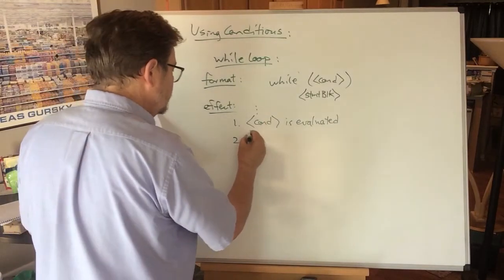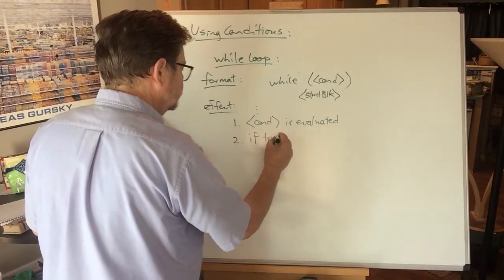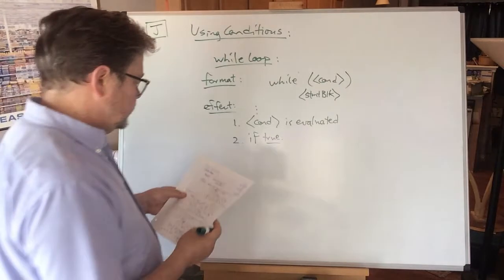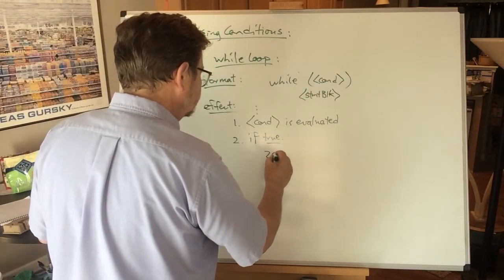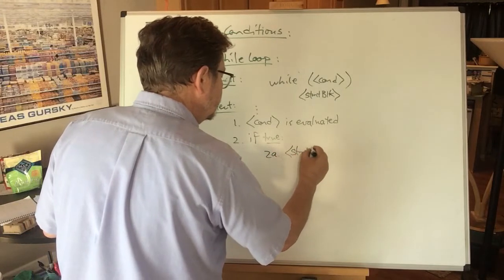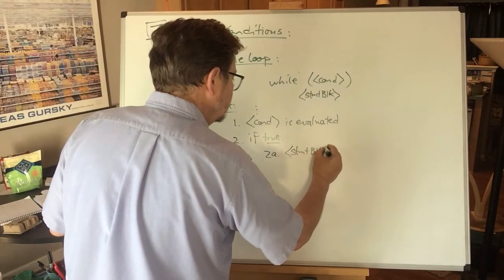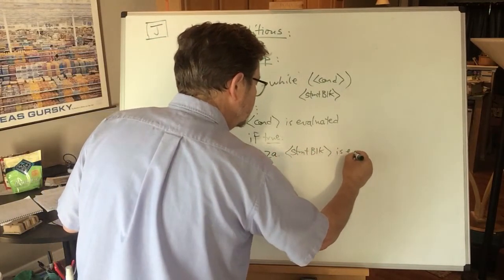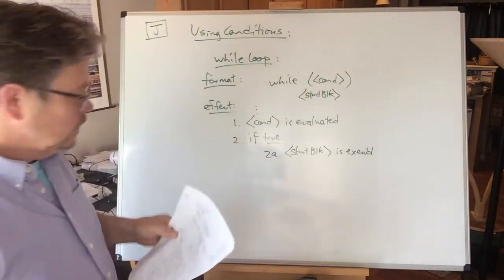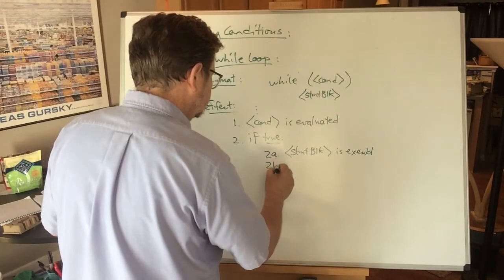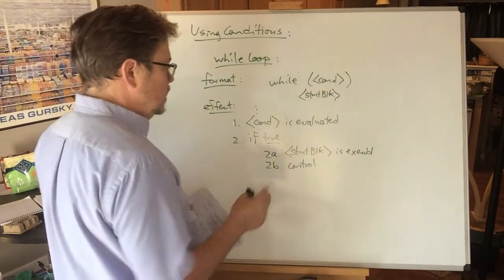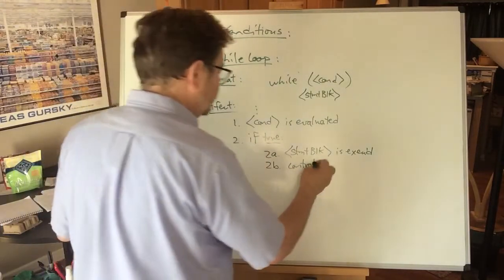If true, then I'm going to indent my steps over here. 2A, the statement block, STMTBLK, is executed by the CPU. 2B, control, in other words, the attention of the CPU, returns to step 1.